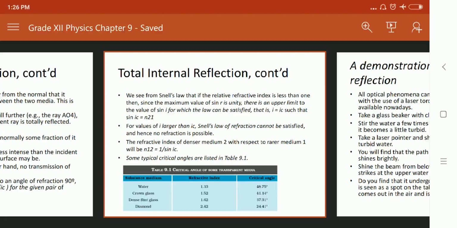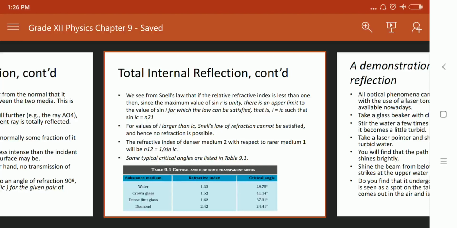In the table, refractive index and critical angle values are given for some media. For water, the refractive index is 1.33 and the critical angle is 48.75 degrees. For crown glass, the refractive index is 1.52 and the critical angle is 41.14 degrees.